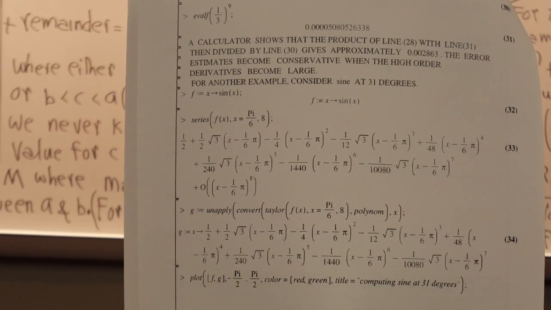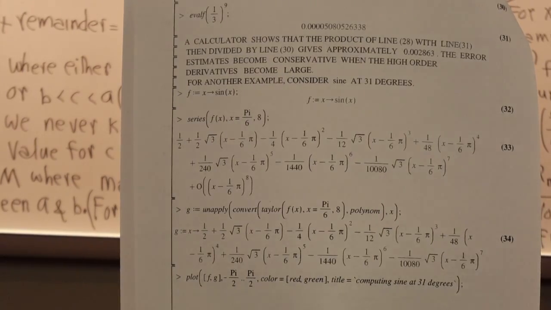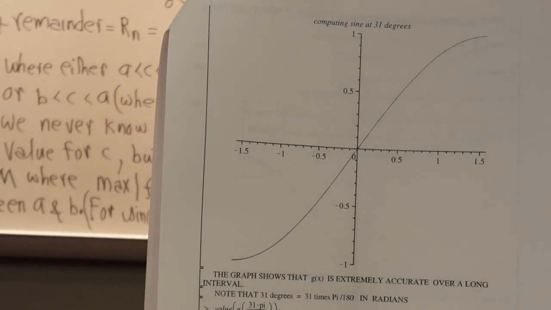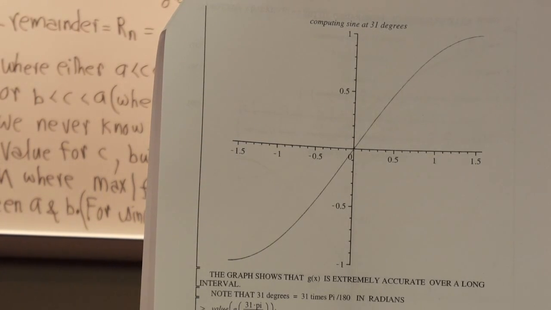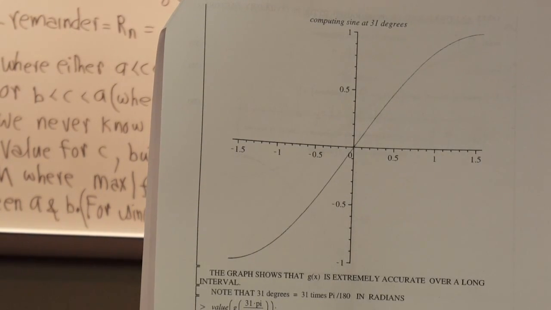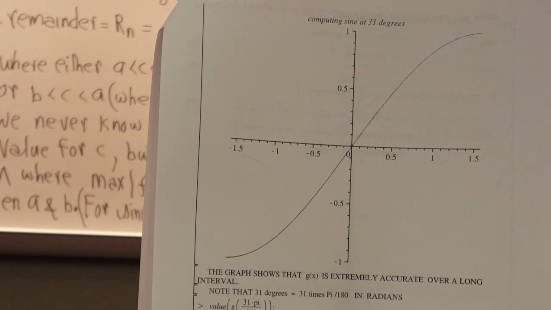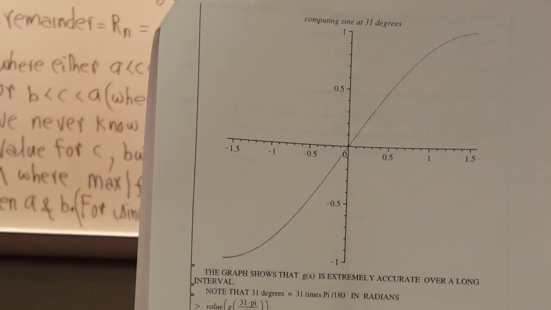So if you look at the next page, you can't see the difference between about minus pi over 2 and pi over 2. You notice that there are really two curves there, but you can't tell which one's which because the polynomial is extremely accurate.